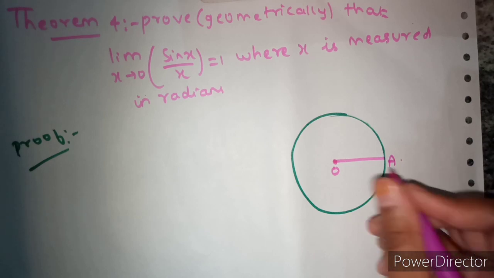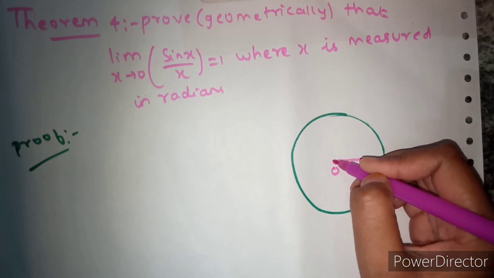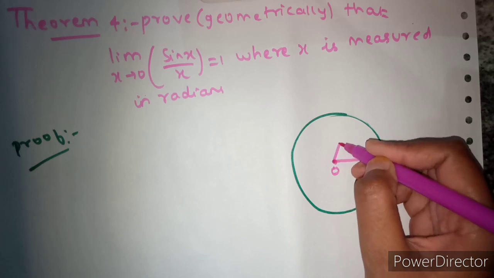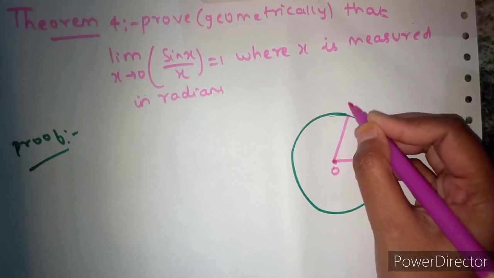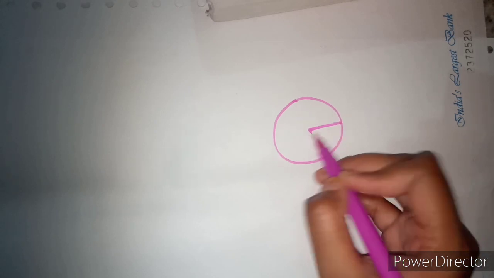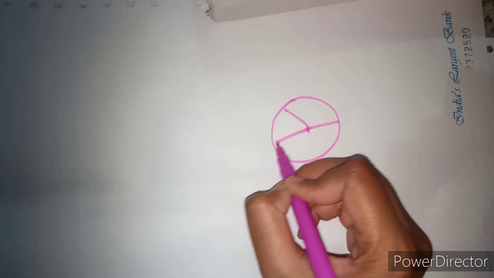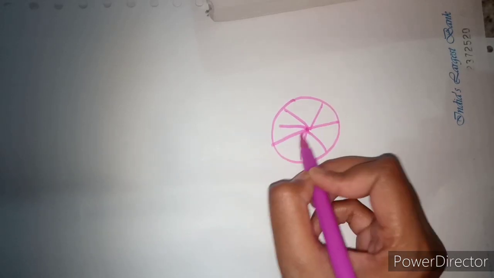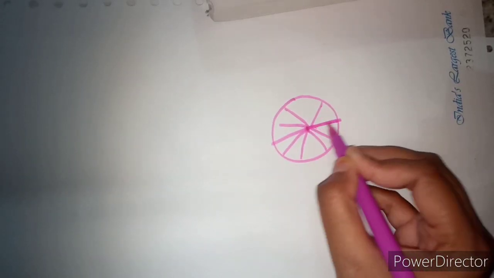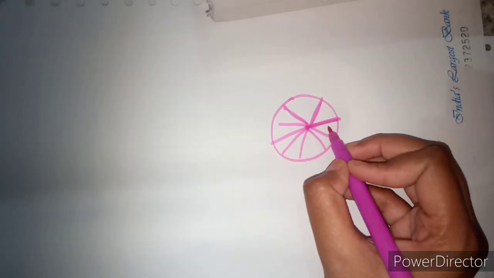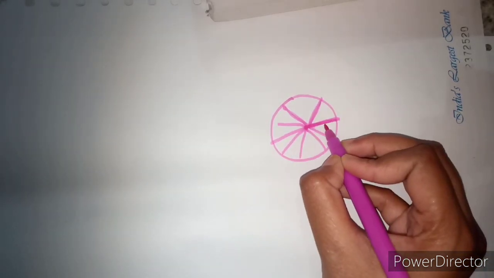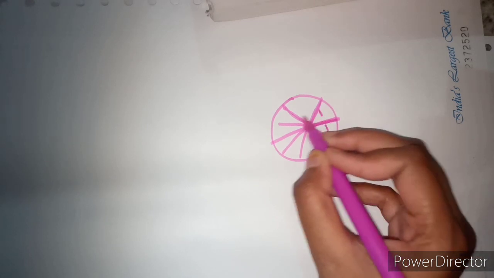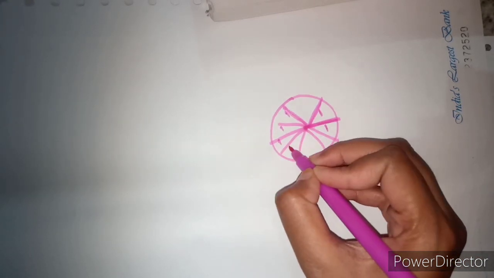Next, I again draw a line from center O and name this line B. In high school they taught you that whatever line you draw from the center is called a radius. These are all radii, and the length of all these lines is the same. For example, if this radius is 1, the length of all these lines is also 1.